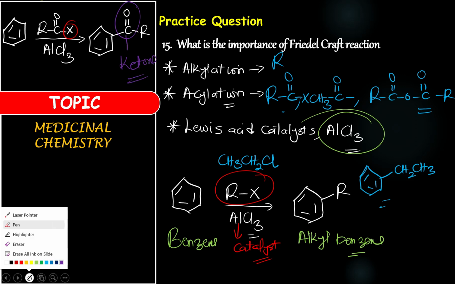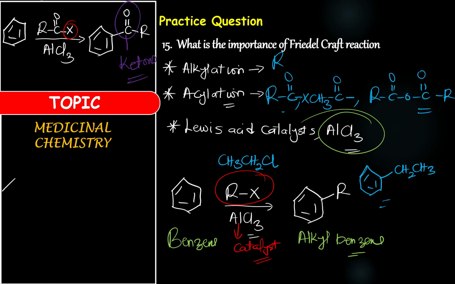So for instance, if you want to form acetophenone, this is benzene ring. The structure of acetophenone is something like the C double bond O, and then you have CH3. So it means you add an alkanoyl chloride that has CH3, C double bond O, with a halogen.